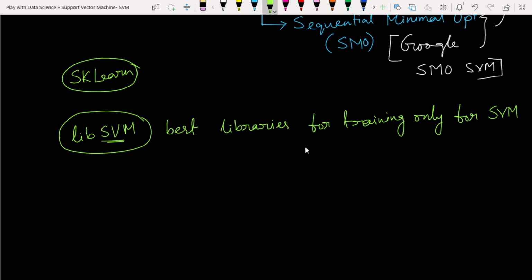It is built only for SVM, to train the SVM model. If I am not wrong, sklearn internally also uses libSVM.